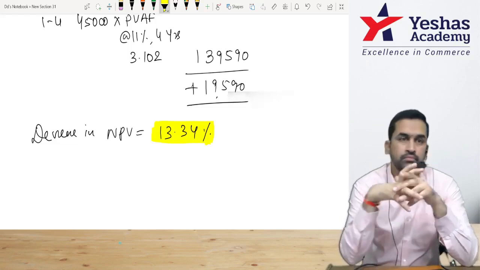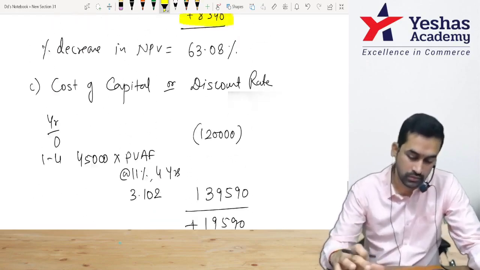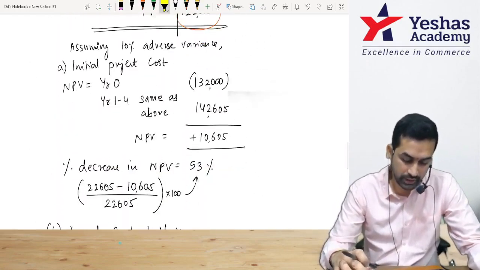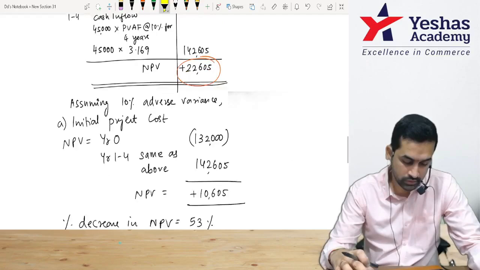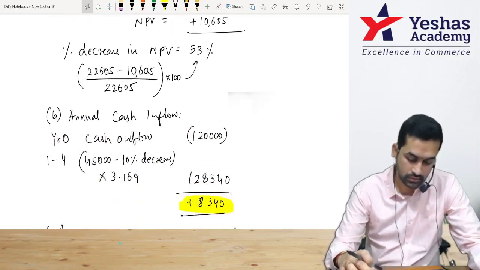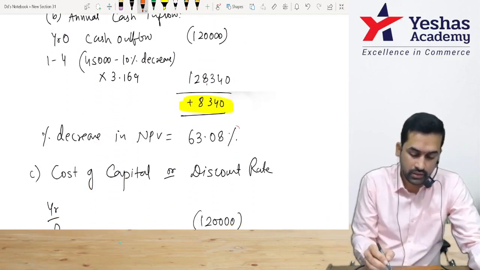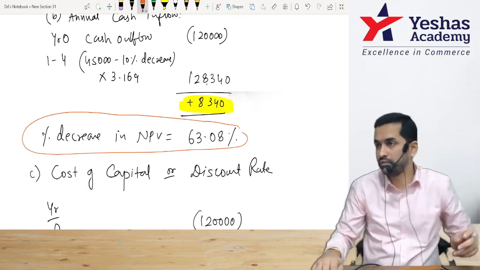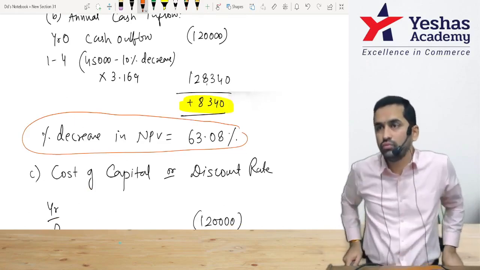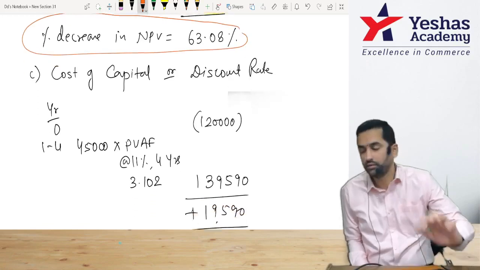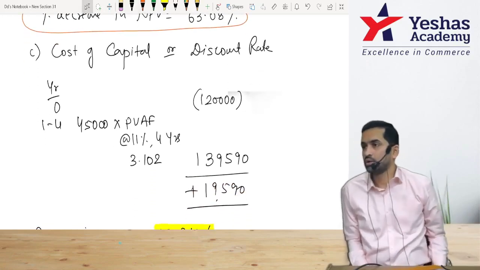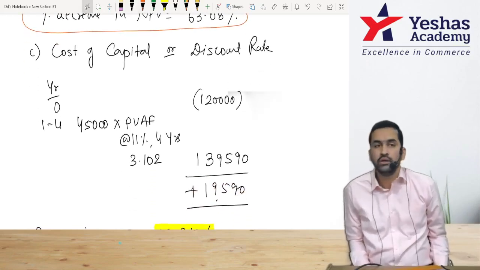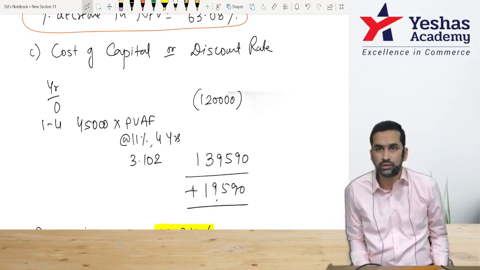Done. Now tell me which is the final answer. The biggest fall was 63.08% in annual cash inflow. Write down one line, conclusion. Write the conclusion.